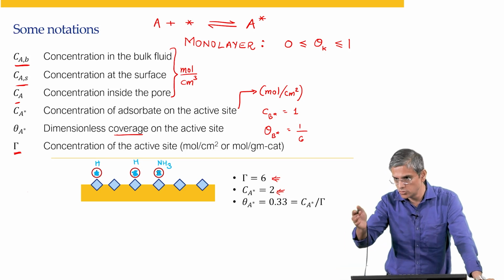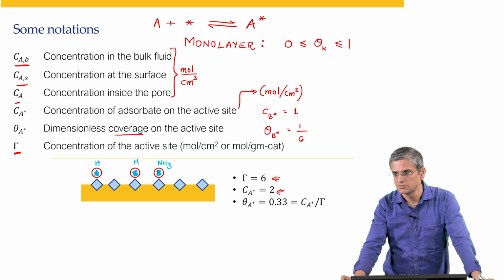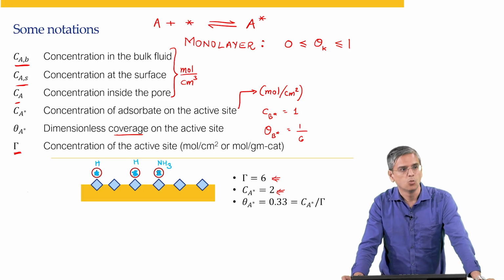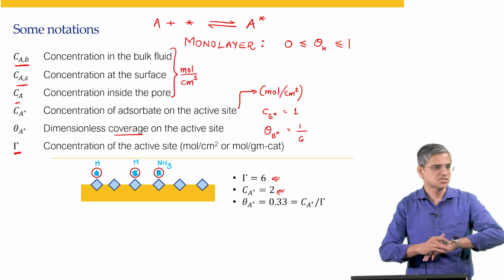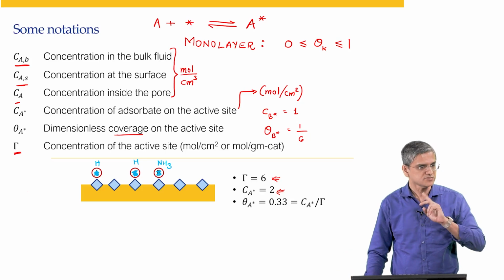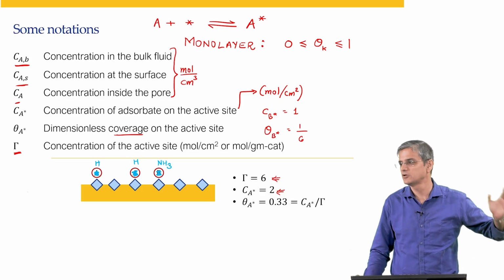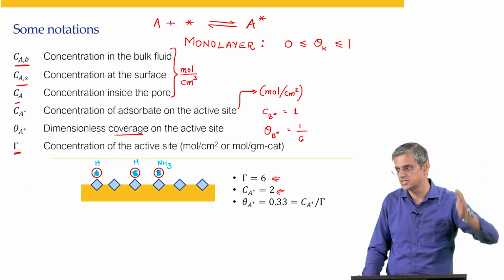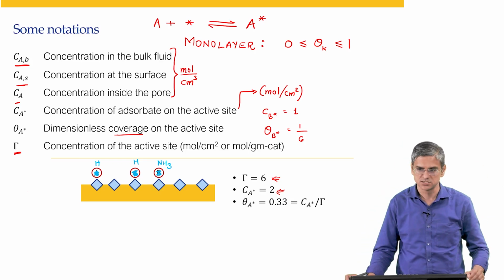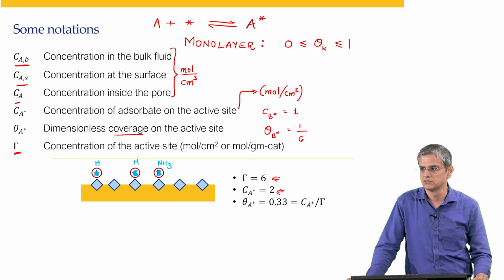I do not know if that was your question or not. Was that your question? Okay. One is the sum of all of the covered sites and uncovered sites. So, that will always be equal to 1: theta star plus theta N star plus theta H star plus theta NH3 star plus whatever else.